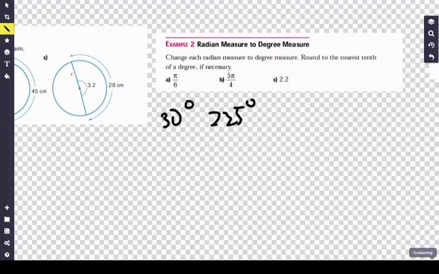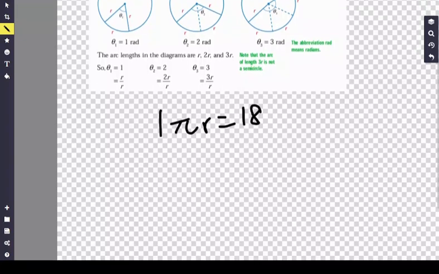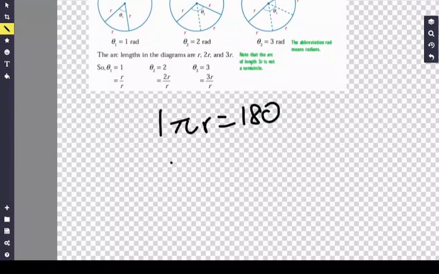And finally, 2.2 radians. Let's go ahead and do that. We have 2.2 on the left. However, this one doesn't include pi.